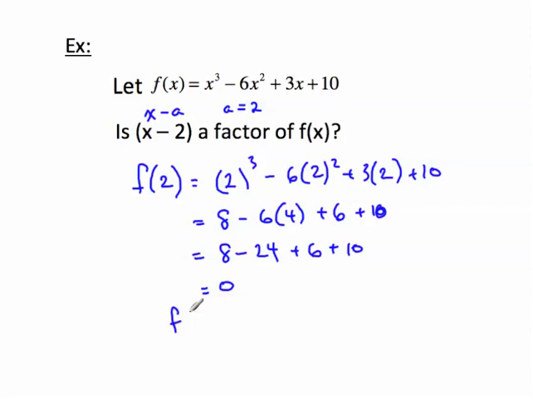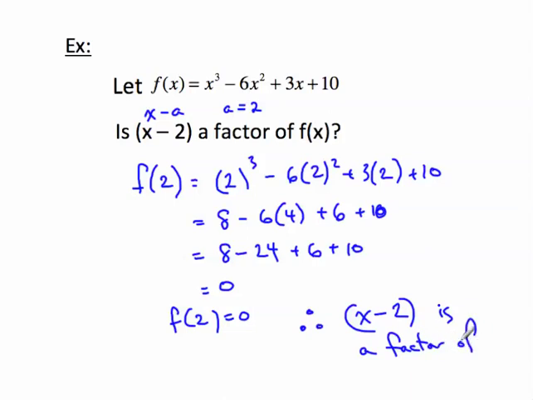So f of 2 is equal to 0, which means, by the factor theorem, that x minus 2 is a factor of f of x.